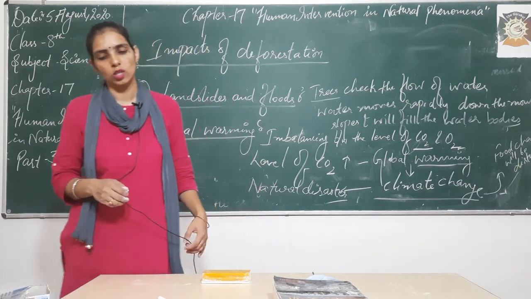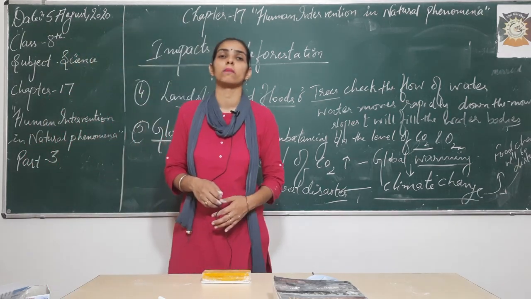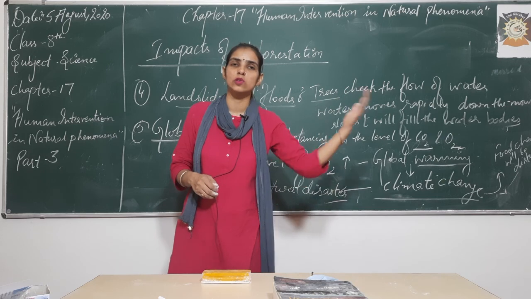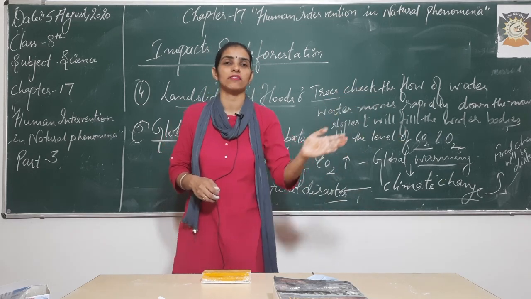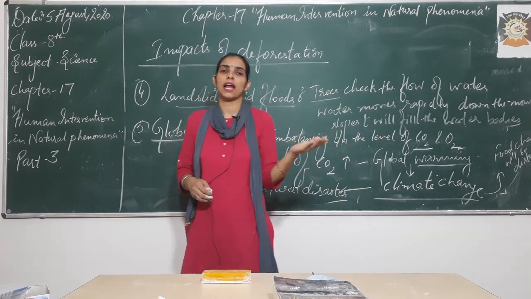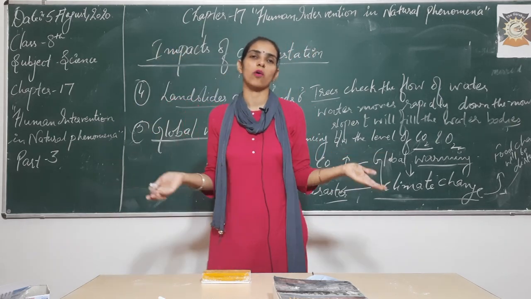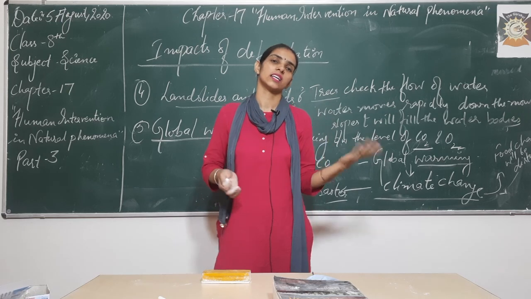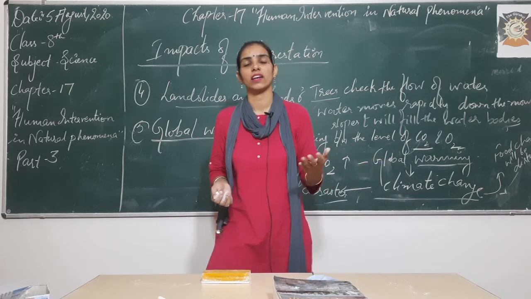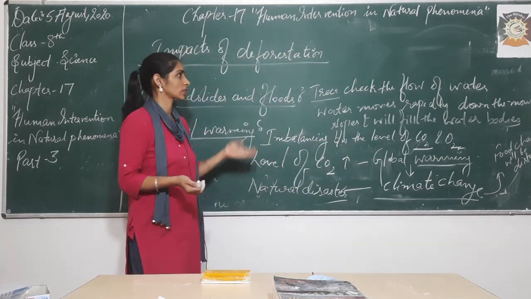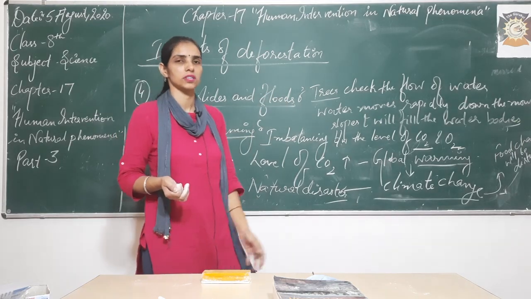Okay, so this global warming is responsible for melting of ice at the poles of the earth. Again, if there is much melting, then what will happen? The level of sea will rise and we all will sink under water and we will start dying, right? So our survival again, it will be impossible. So these all are the impacts of deforestation.